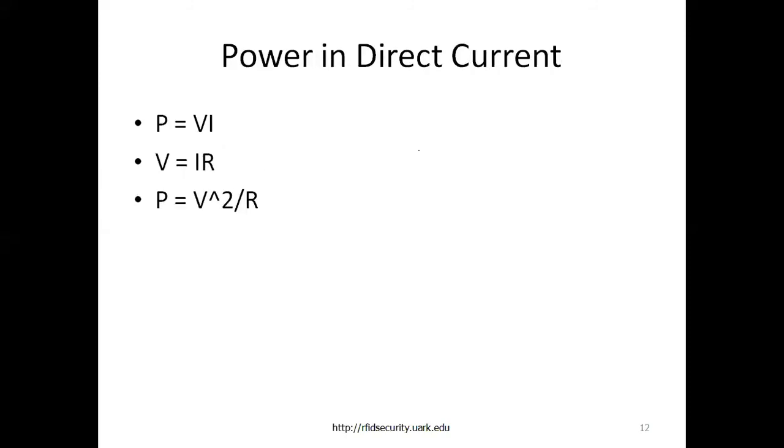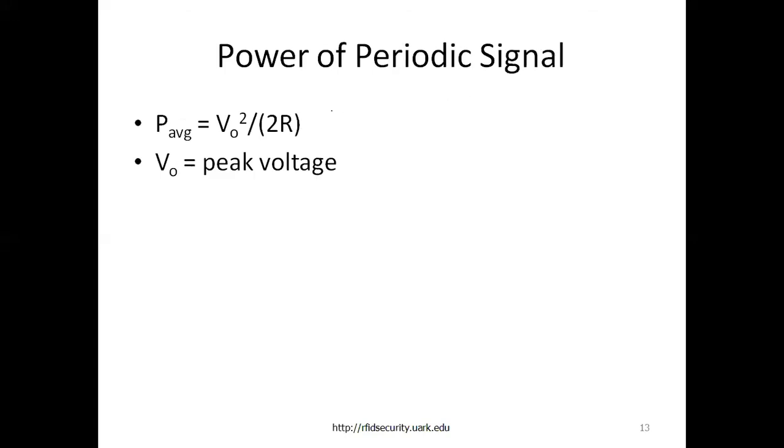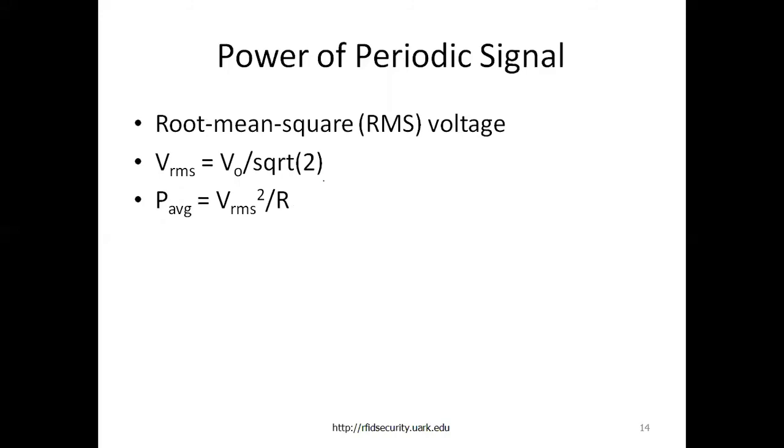In direct current DC power, V is equal to VI and V is equal to IR, so power depends on resistance and voltage. For the power of periodic signals, P average is equal to V squared upon 2R, where V is the peak voltage. In terms of root mean square value, it depends on V upon square root of R, and the power depends on this.